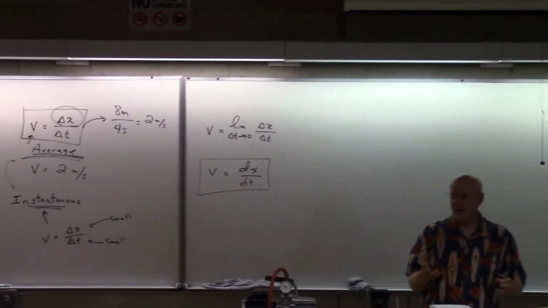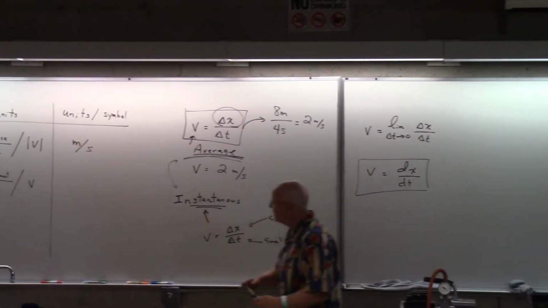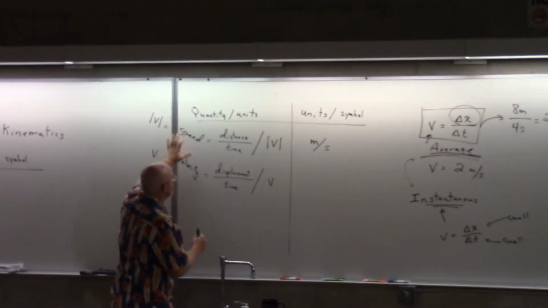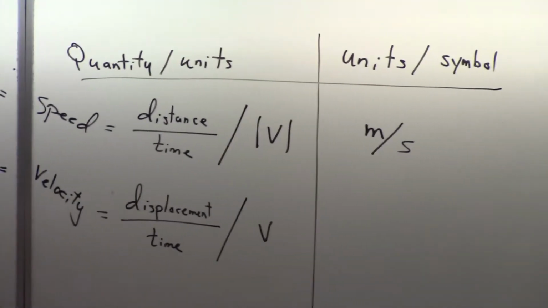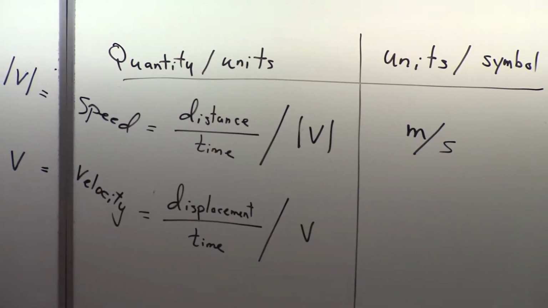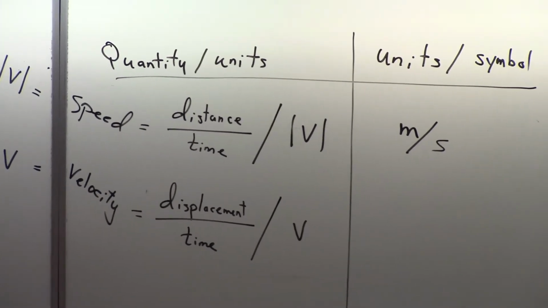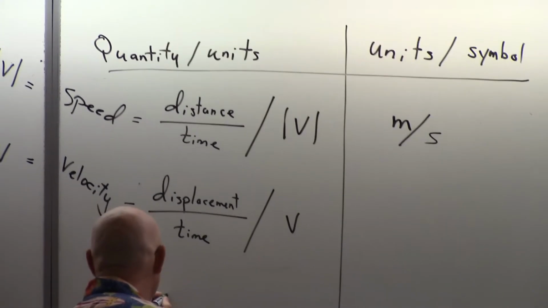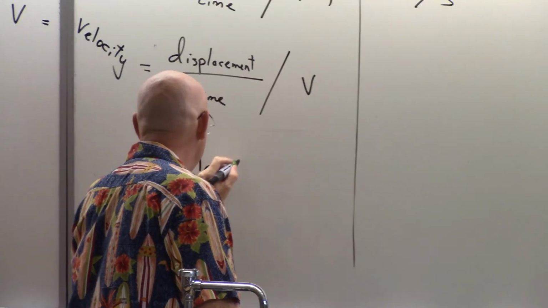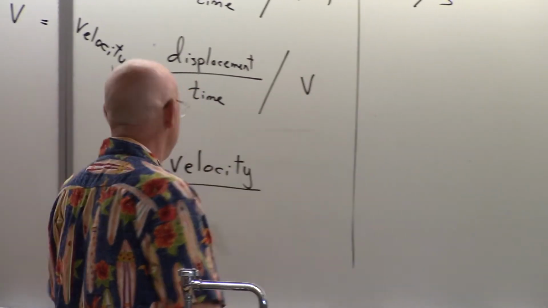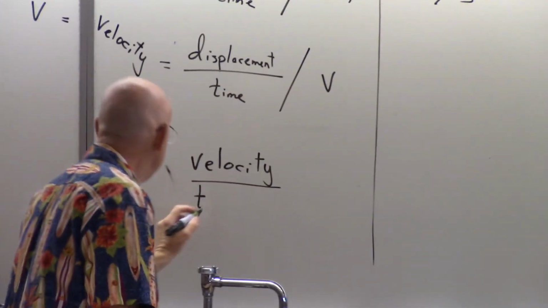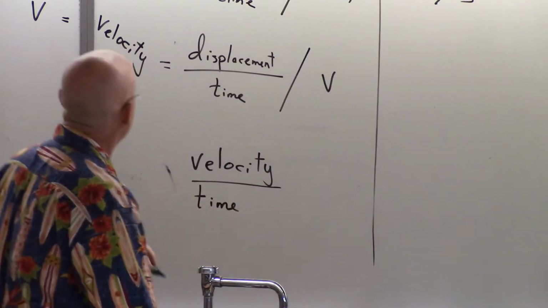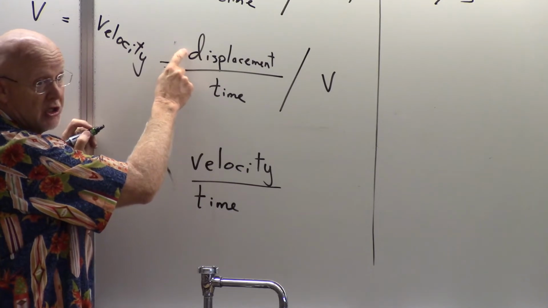I would call that another rate. In other words, instead of saying at what rate did you change your position, I'm asking at what rate did you change your velocity? And I should have left myself a little more room here, because these are changes in position.